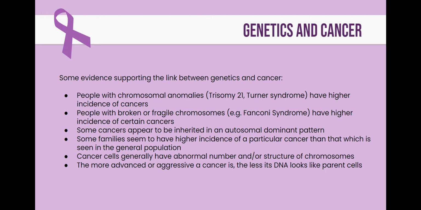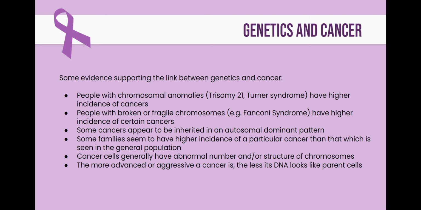ovarian cancer. We know from looking at cancer cells under a microscope that cancer cells generally have an abnormal number or structure or both of chromosomes. So aneuploidy in cancer cells, extra chromosomes, missing chromosomes, is very, very common. So things just don't go right and nothing edits that process.